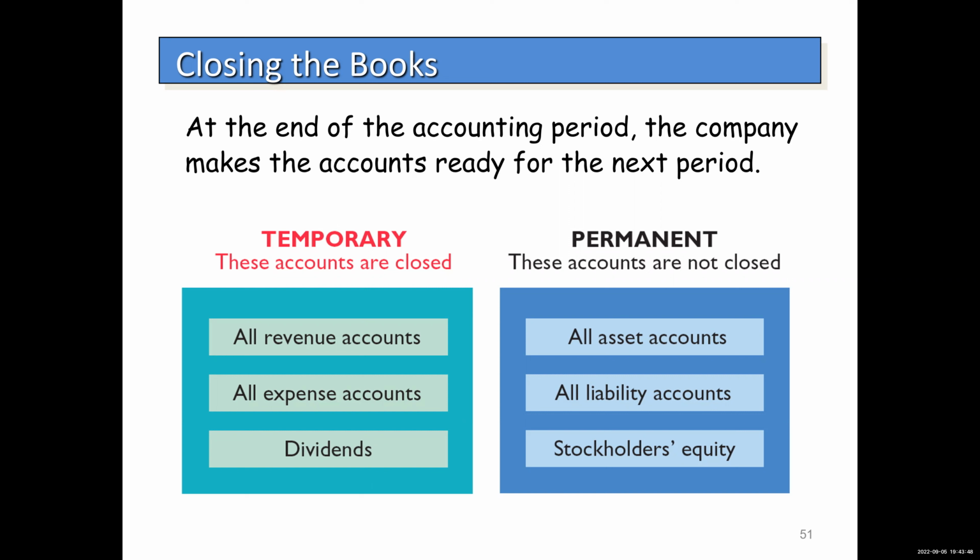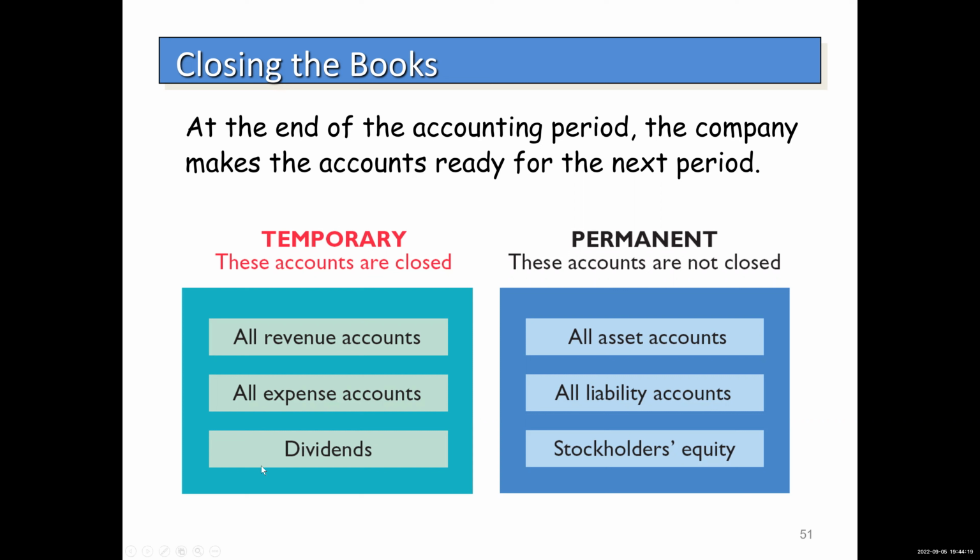And so when we move the revenue account to February 1, the new period, it will be 0 and we start over. Likewise, we don't want January expenses in February. So we close them out to retained earnings at the end of January. And then in the next period, February 1, all the expenses will have a 0 balance.